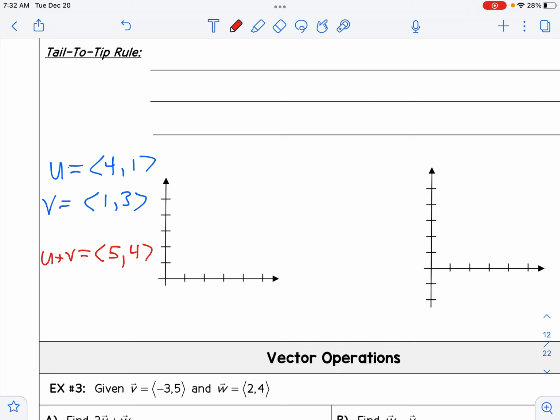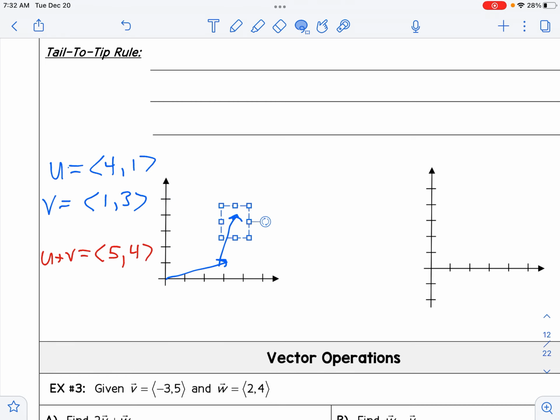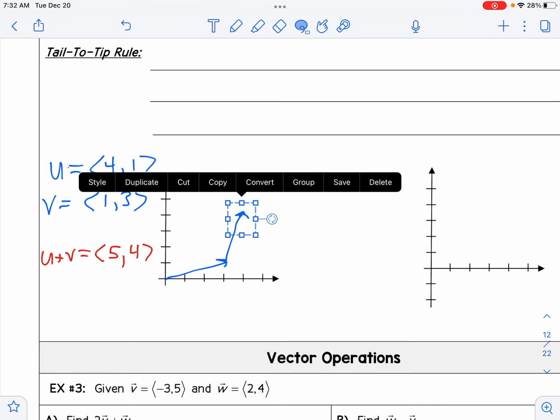But if we were actually going to add that together, what we would do here is, I would have 4, 1, so there's that vector. And then I would have 1, 3, so that's this vector. But what I would want to do is take that vector and slide it to the end of that one, right?